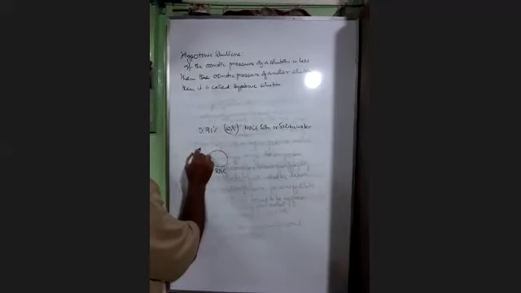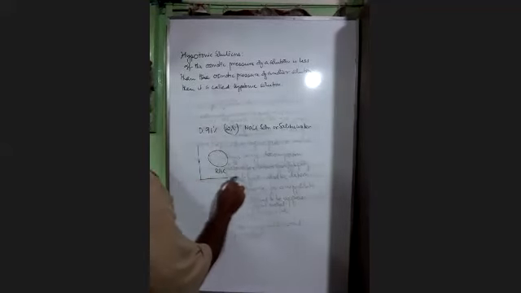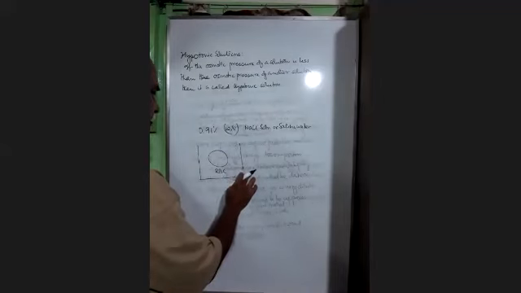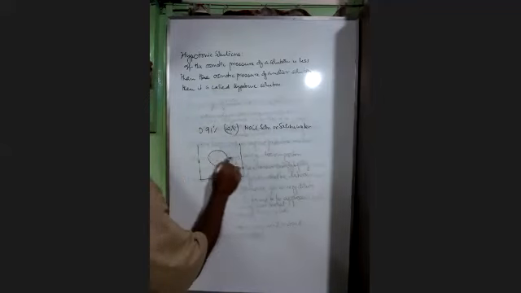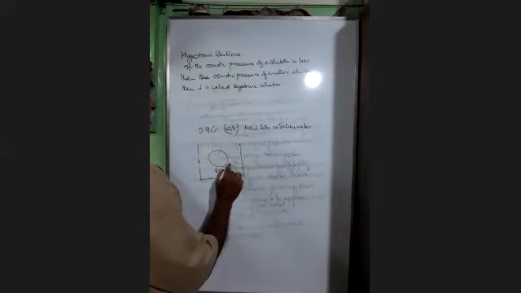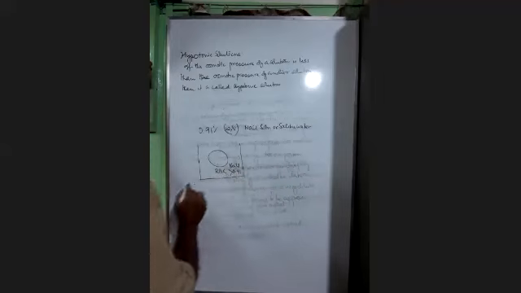Now, if this RBC, with the fluid inside, is kept in a sodium chloride solution whose concentration is more than 0.9 mass by volume percent, then what is going to happen?